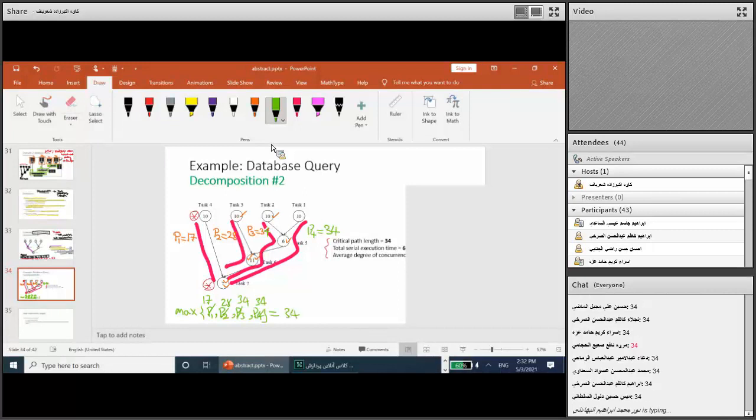Therefore, 34 is the critical path length. Any question?